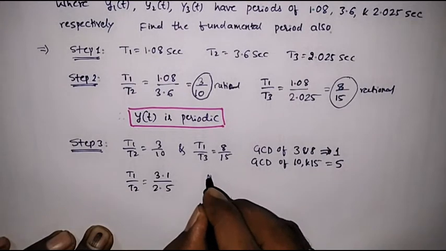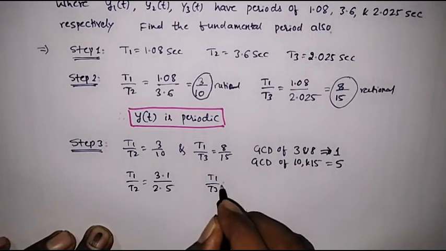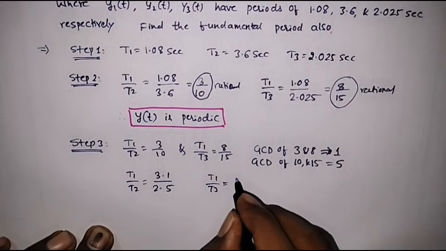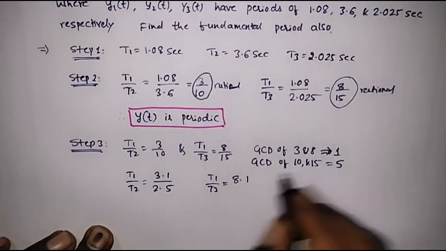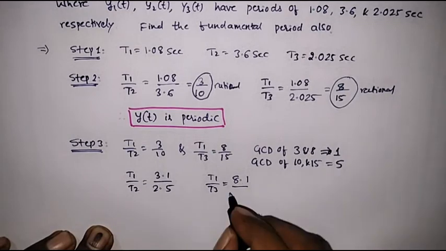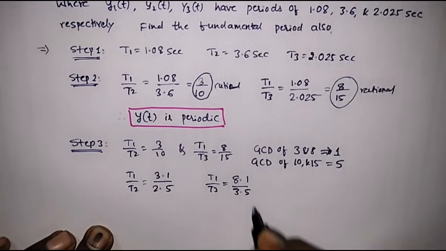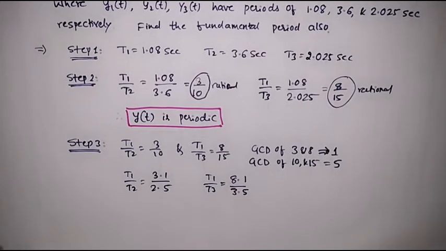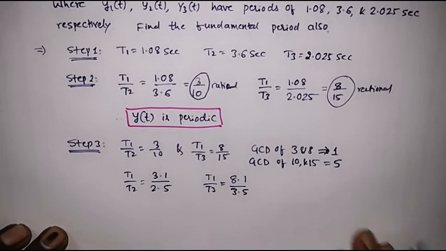Similarly, I can represent T1 by T3 in terms of GCD values as 8 into 1 divided by 3 into 5. So it is the same as 8 by 15.